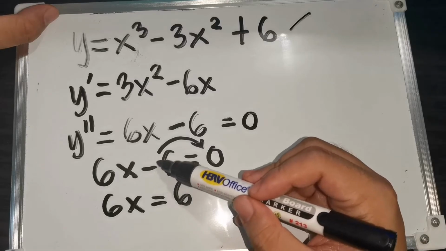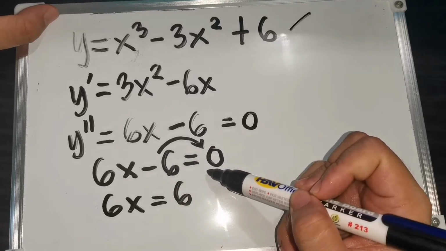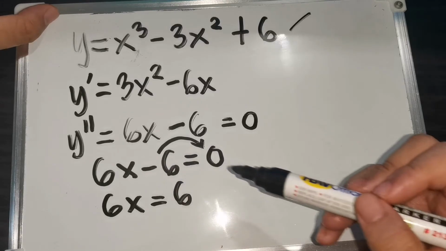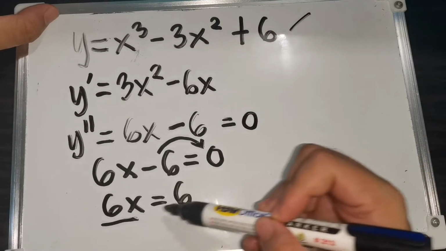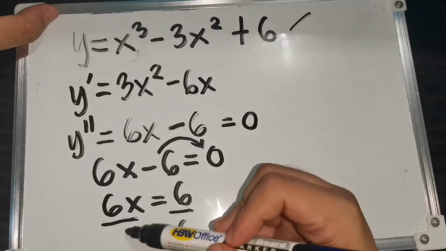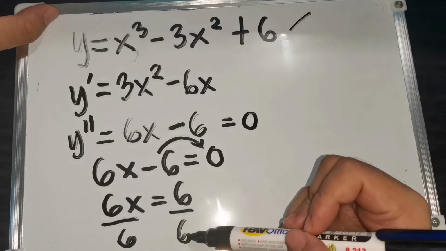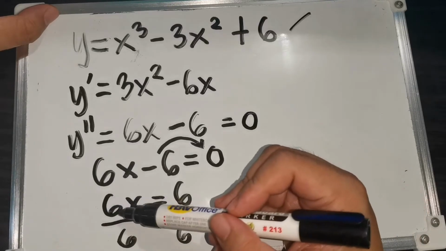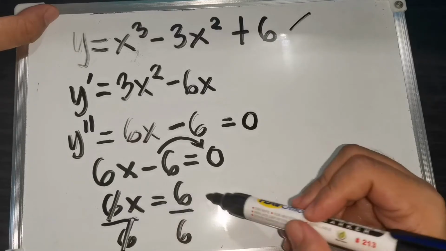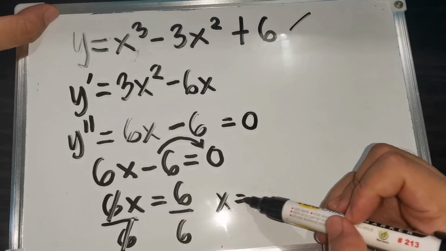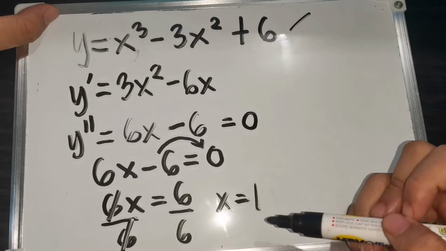So from negative to positive. So for us to get the value of your x, we need to divide both sides of your equation by 6. So 6 over 6 will be equal to 1. Same in your left side, that will be 6 over 6, so that will be equal to 1. So your x now is equal to positive 1.